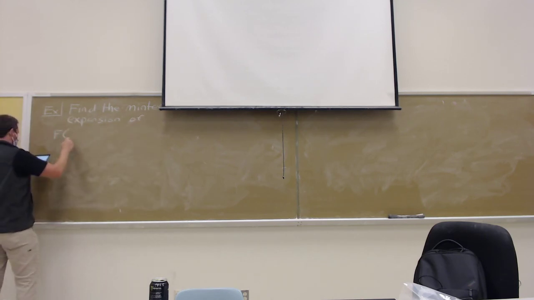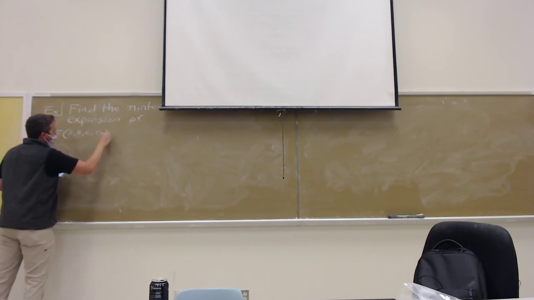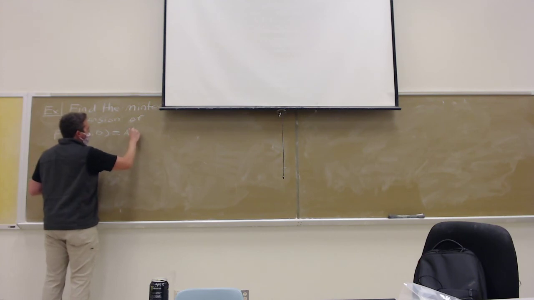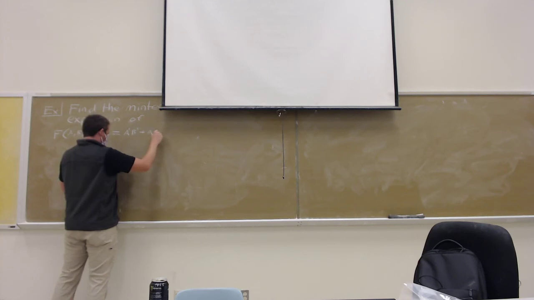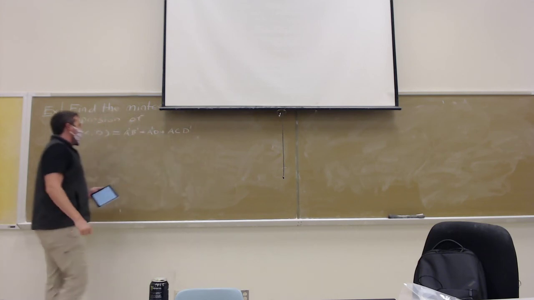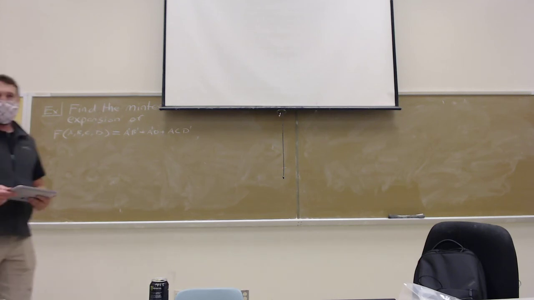F is a function of A, B, C, and D, and is equal to A' B', or A' D, or A C D'. So find the min-term expansion of that. Right off the bat, there's a problem. What's the problem?